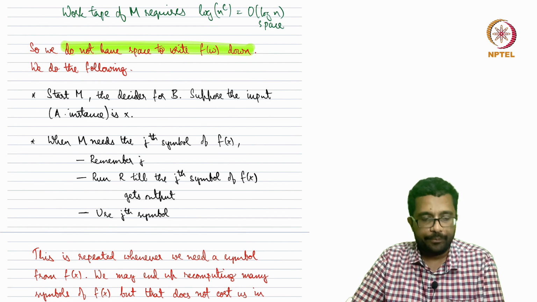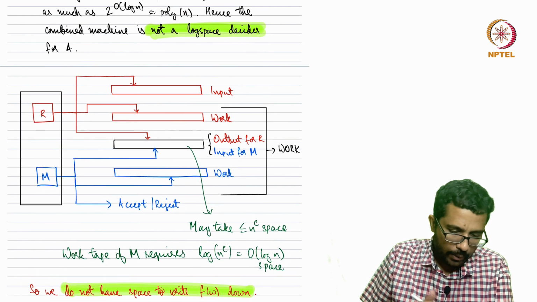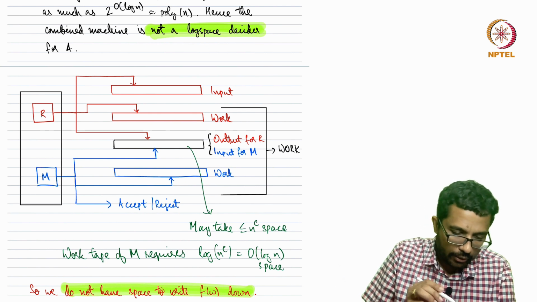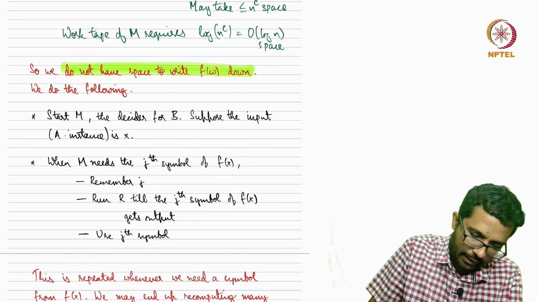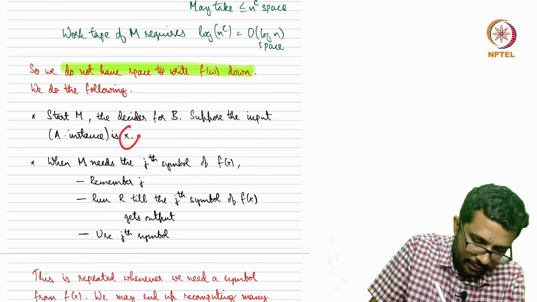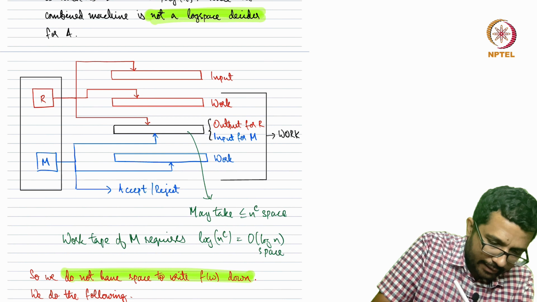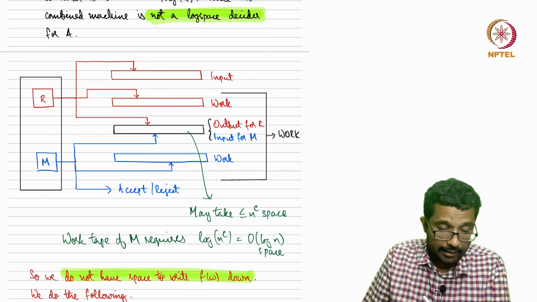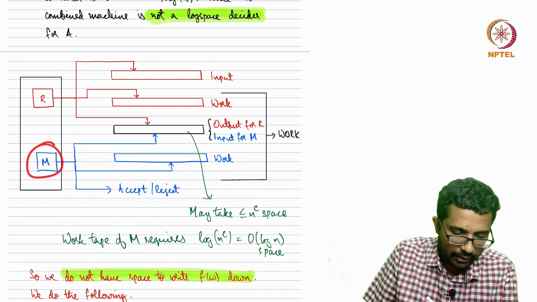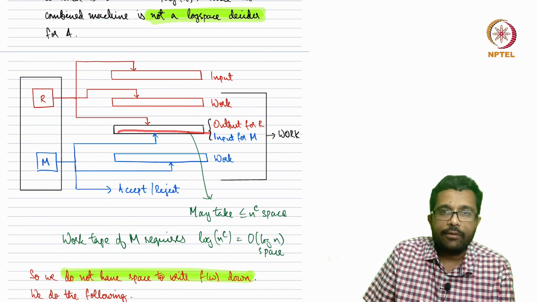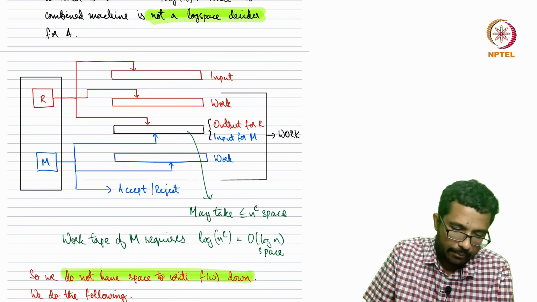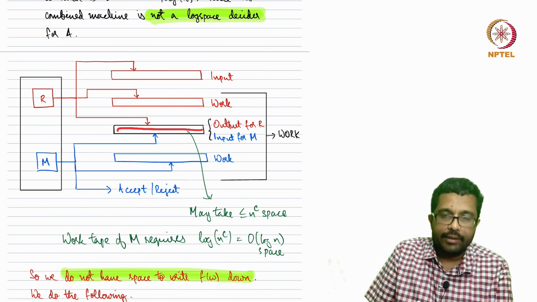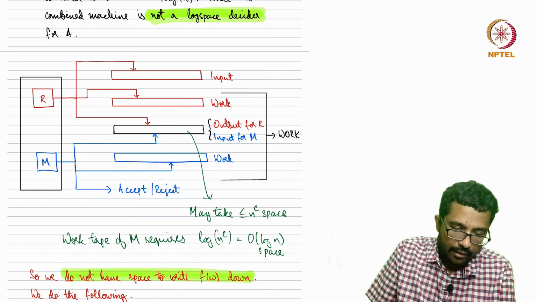So we do the following. What we do is we directly start running the machine M. The input is here, let's say, and I have called the input X. We start running the Turing machine M without having any f of w written here.